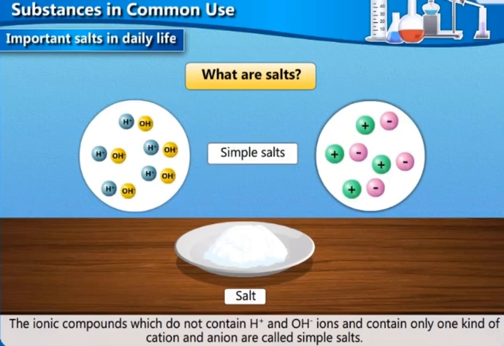I hope this is clear. So salts will not contain hydrogen ions or hydroxide ions, otherwise they would come under acids or bases. These are simple salts, which we'll be learning about, not the compound or complex ones, in this chapter.